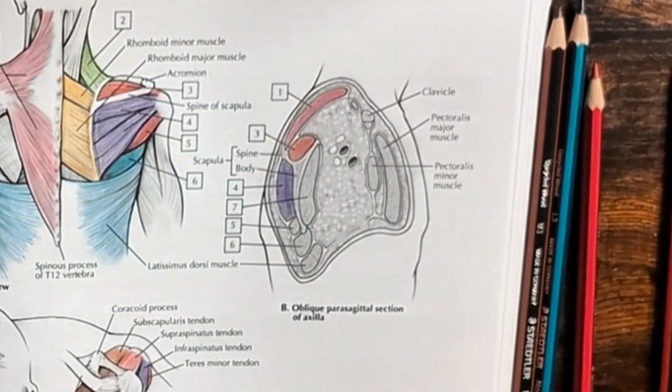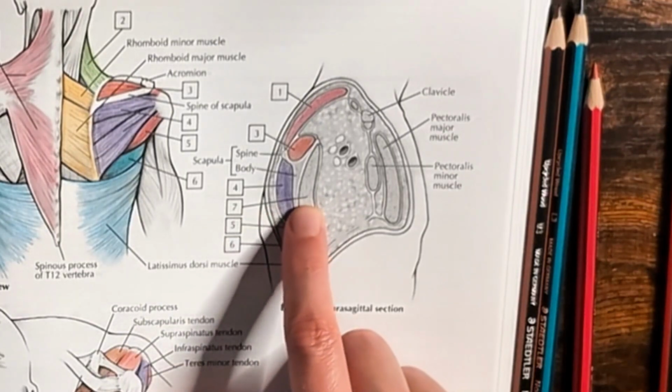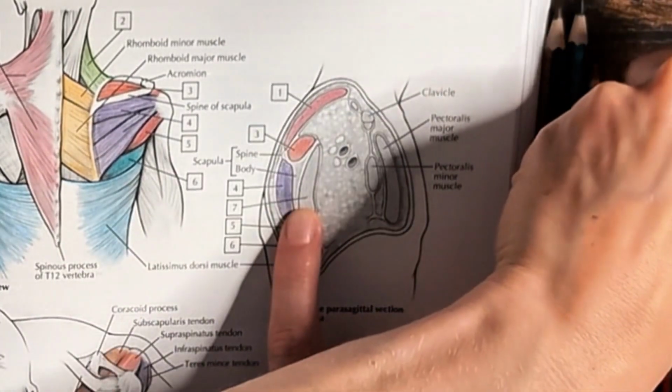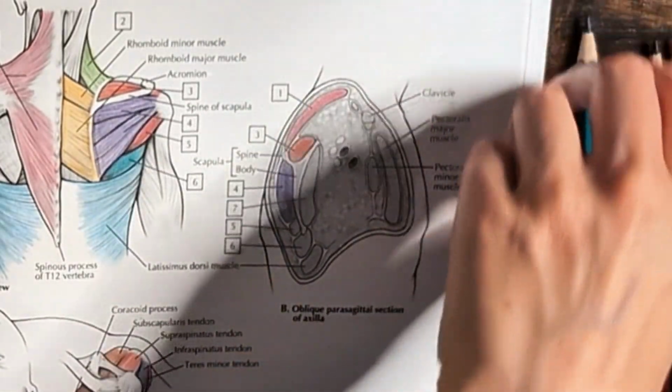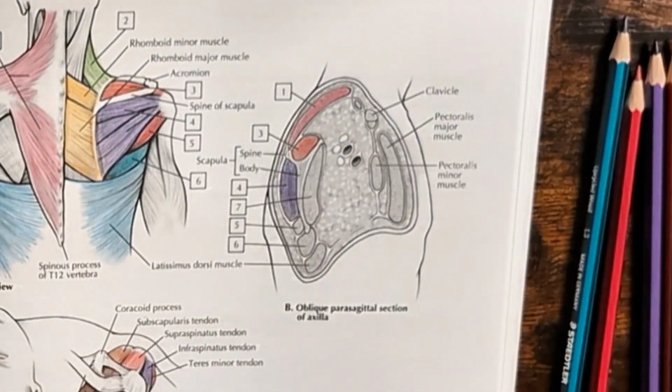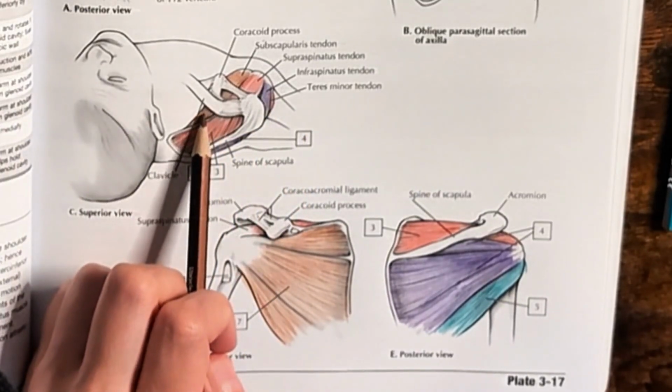There we go. Number 7 is our subscapularis, which is brown. So that is the muscle that sits anterior to the scapula.